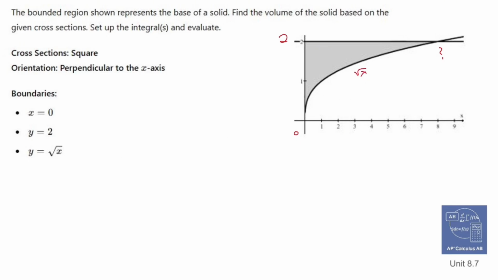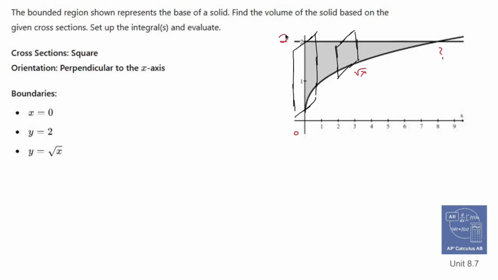All right, so by doing cross-sections of squares, we are creating a bunch of squares all throughout this whole thing. And what we care about is finding the area of these squares so that we can integrate that to find our volume. Now what I have to focus on is what are the side lengths of each square?